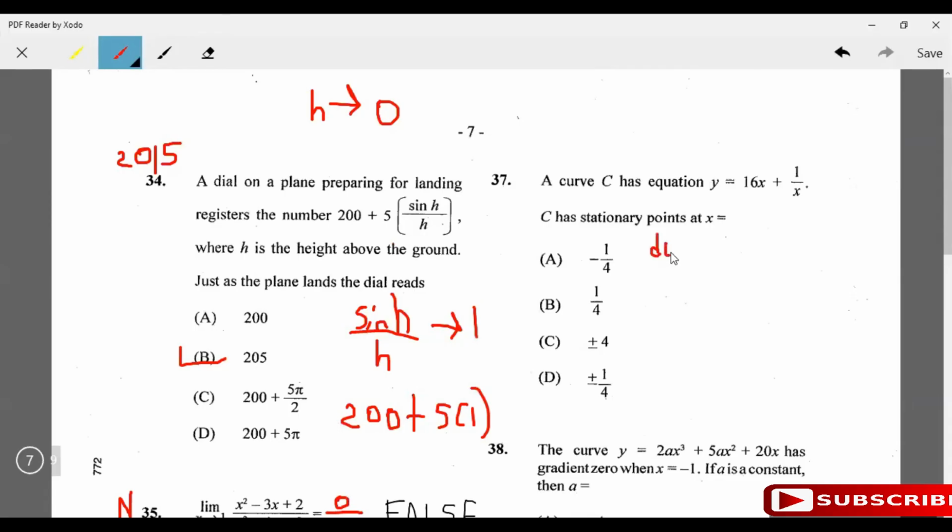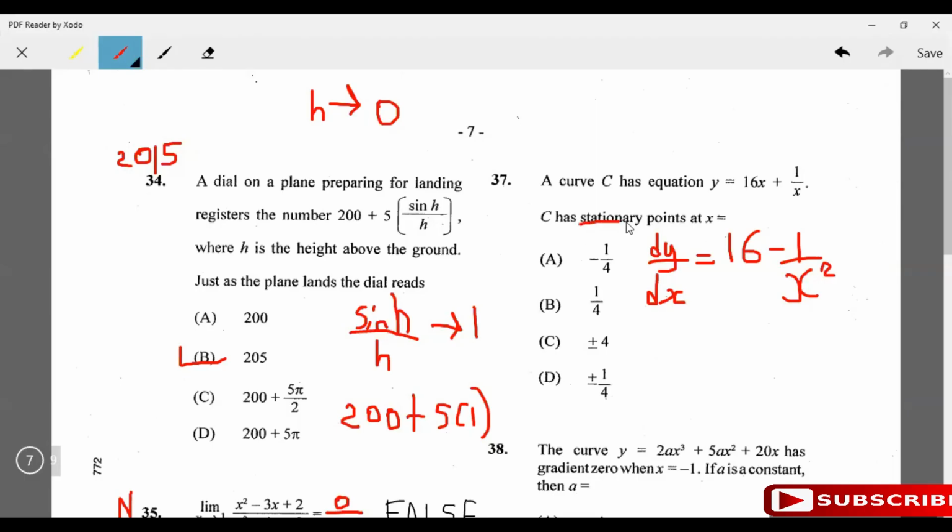Finding dy by dx, we differentiate 16x, we get 16. Now this 1 over x is x to the minus 1. Differentiating x to the minus 1 is minus x to the minus 2, which is minus 1 over x squared.